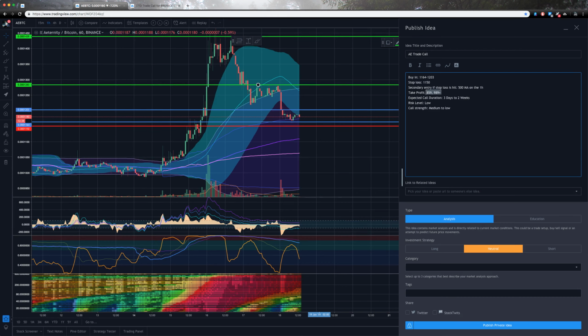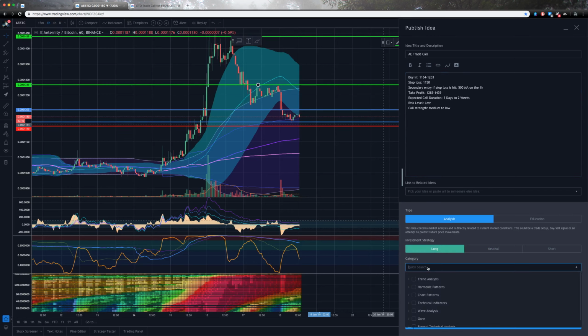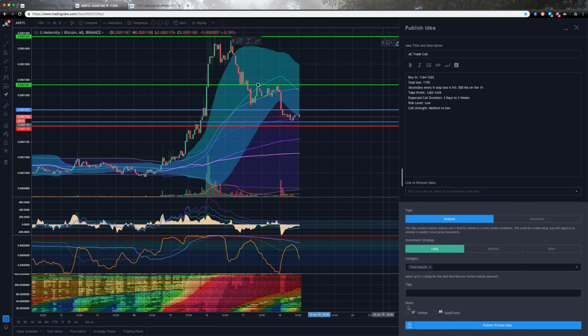Take profits: 12830 to 1439. Expected call duration, I'm going to keep that the same. Risk level is once again low. Call strength medium to low. Okay. Setup is a long category, trend analysis. Publish private idea.